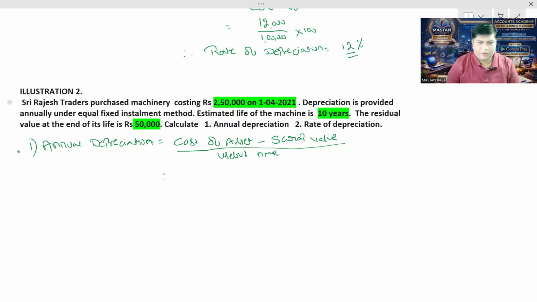So apply the values. 2,50,000 is the cost of asset. The scrap value is 50,000 rupees. And the life of the asset, useful time, is 10 years. That is 2,50,000 minus 50,000, 2 lakh. 2 lakh divided by 10. So you will get annual depreciation of 20,000.